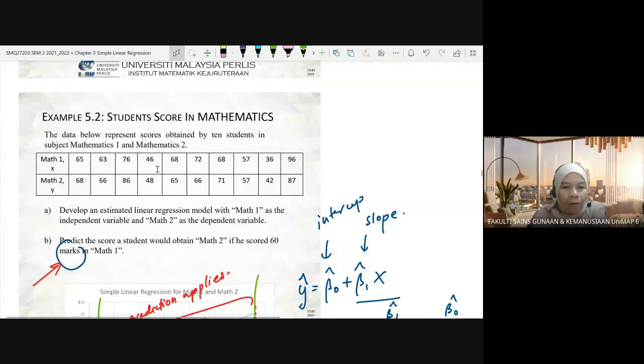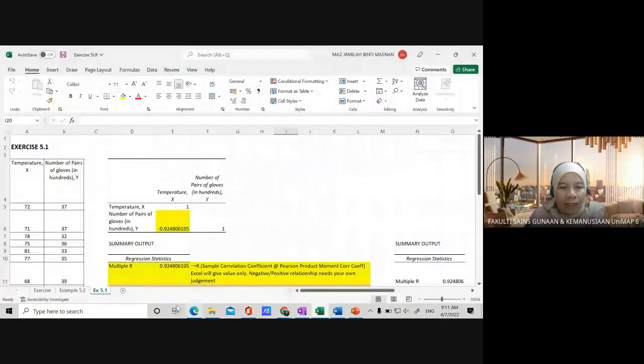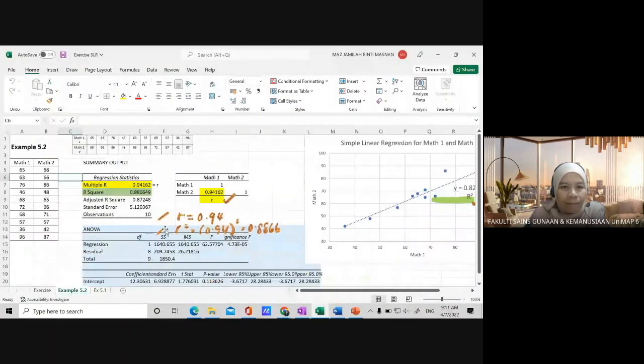You have to estimate the linear model for Math 1 and Math 2, and then predict what your Math 2 score will be if your Math 1 is 60. Last time we did this using Excel.